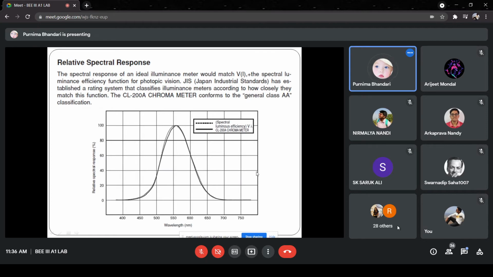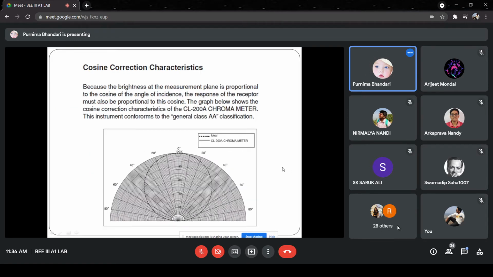When we use a sensor, that is a physical way of measurement. We need a sensor, where we use some LDR or photodiode to sense the light. At that time, this kind of curve or filter has to be put on that diode or photodiode, so that its visual response matches the human eye. This is the cosine correction characteristic.